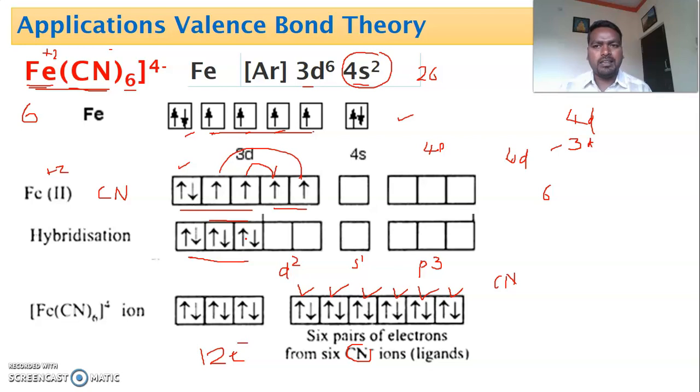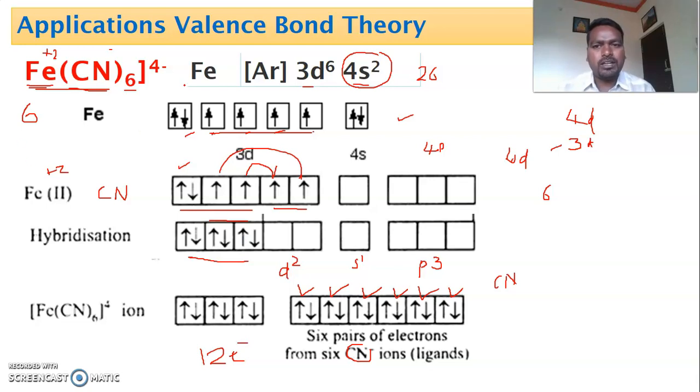In order to apply valence bond theory to a complex, first, just by looking at the complex, you must be able to identify the central metal atom and ligand. Second, you must be able to identify the oxidation state of the central metal ion, and after that you must be able to write the electronic configuration of the neutral atom, the electronic configuration of ions, and next the nature of ligand, strong ligand or weak ligand.